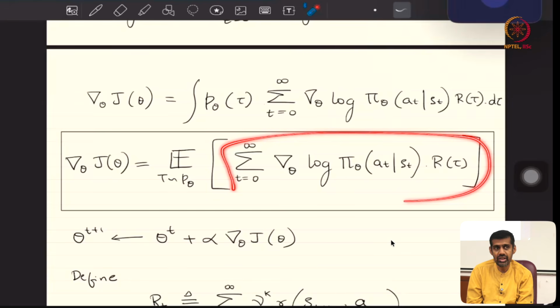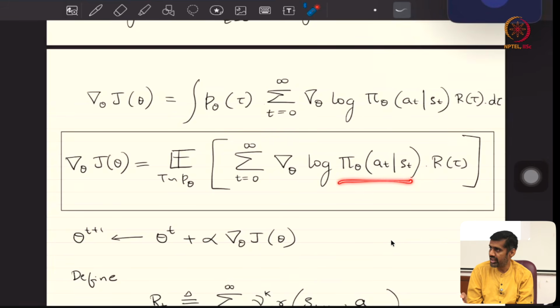We know how to compute the reward, we know how to evaluate the policy. Why? Because the policy is a neural network. It is a probability distribution that the neural network is imposing. So, we know what this distribution is. So, log of pi theta at given st can be found out, and R tau is something that we know. Therefore, this entire gradient becomes computable.